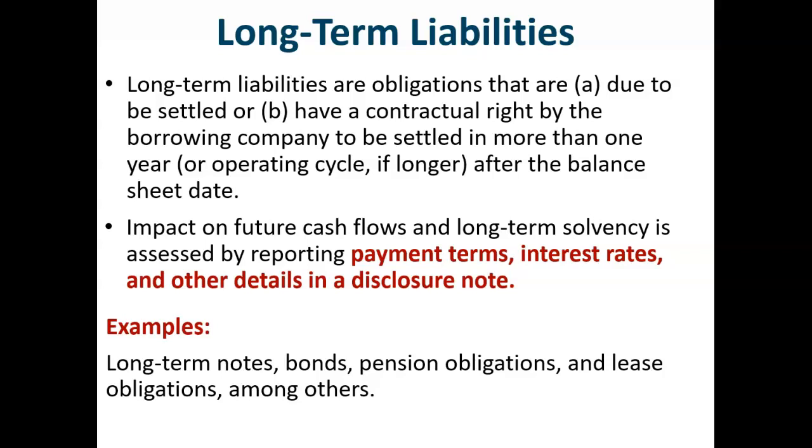But simply classifying a liability as long-term does not provide complete information to external users of the financial statements. For instance, long-term could mean anything from 2 years to 20 years, 30, or even 40 years. Payment terms, interest rates, and other details needed to assess the impact of these obligations on future cash flows and long-term solvency must be reported in a disclosure note.